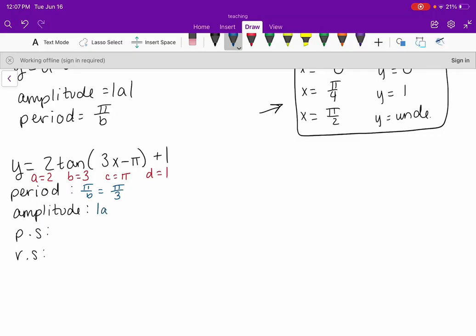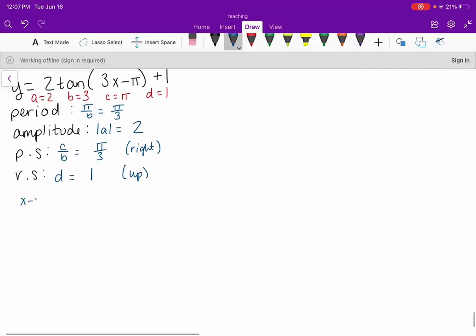Amplitude is absolute value of A, so that's going to be 2. Phase shift would be C over B, so that's going to be pi over 3. Vertical shift is D, so it's going to be 1. So here I'm moving to the right. Here I'm moving up 1.